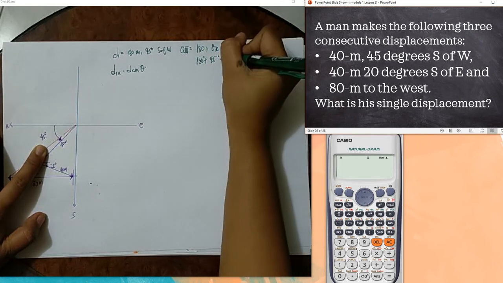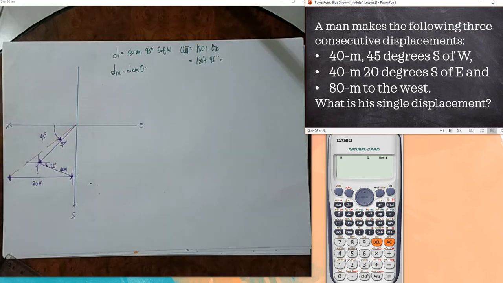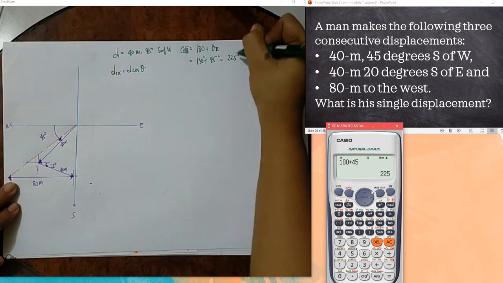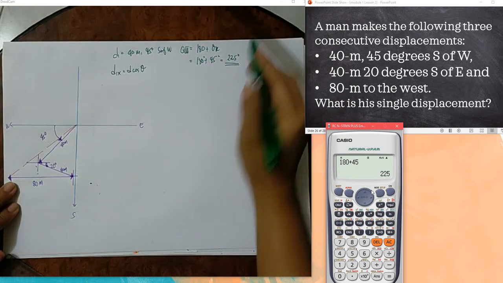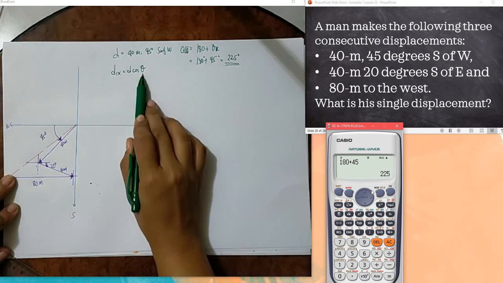So this is equal to, let us add 180 plus 45. That is 225 degrees. So this 225 degrees is the angle that we will substitute for our theta.